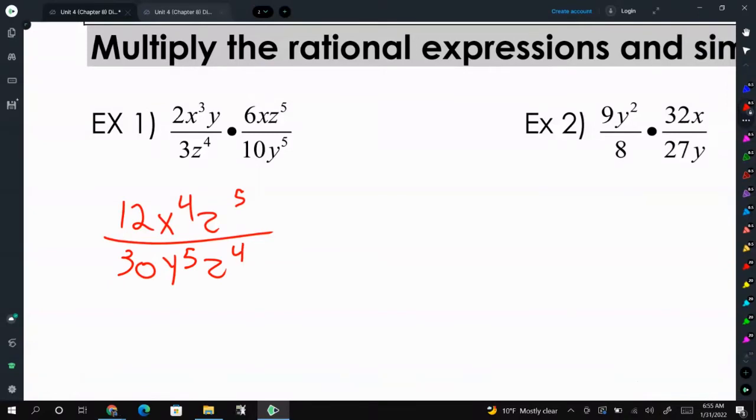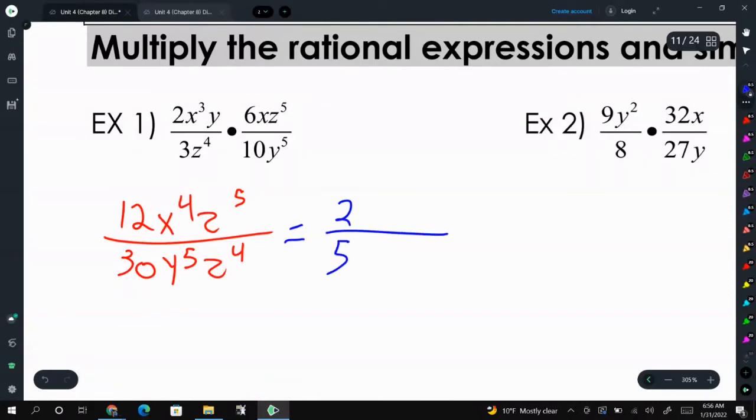I just always like to write them in alphabetical order if I can, just so things will line up. You don't have to, though. So we simplify the numbers first. 12 over 30. You get 2 over 5. And then I don't have any x's in the denominator to cancel off, so I'm just going to leave x to the 4th.